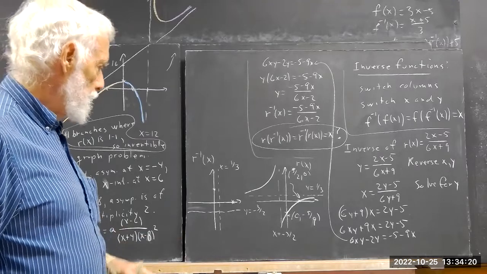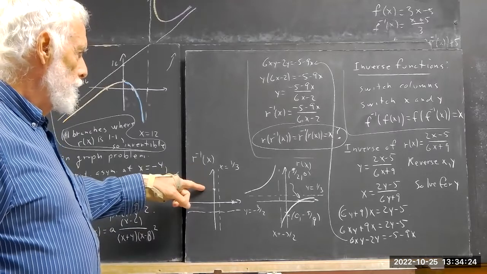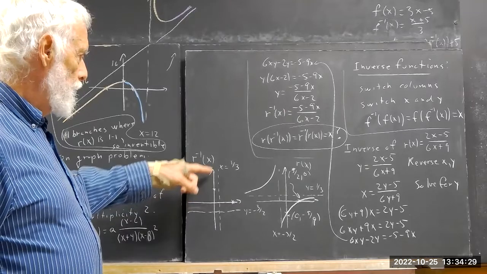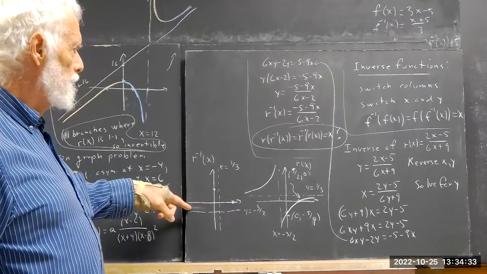Something isn't working out here. Go through this point. And you're asymptotic to this, you've got to go through the axis to get here. I have the sign wrong.